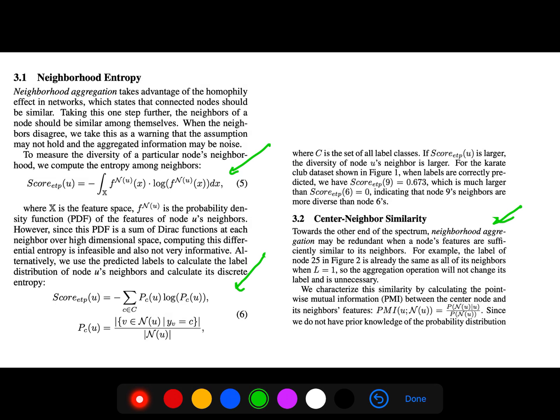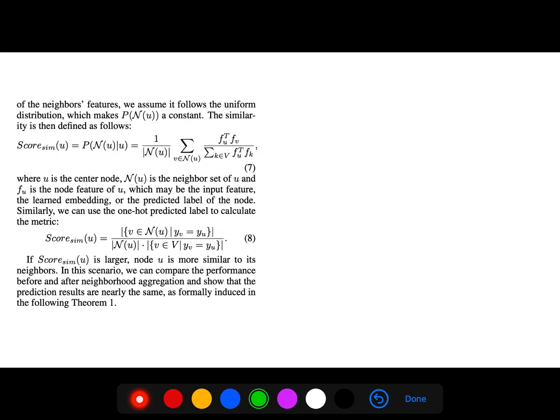We characterize this similarity by calculating the pointwise mutual information between center node U and its neighbor N of U. Since we do not have prior knowledge of the probability distribution of neighbors' features, we assume it follows a uniform distribution, which makes P a constant. So we can calculate the score of node U like this.